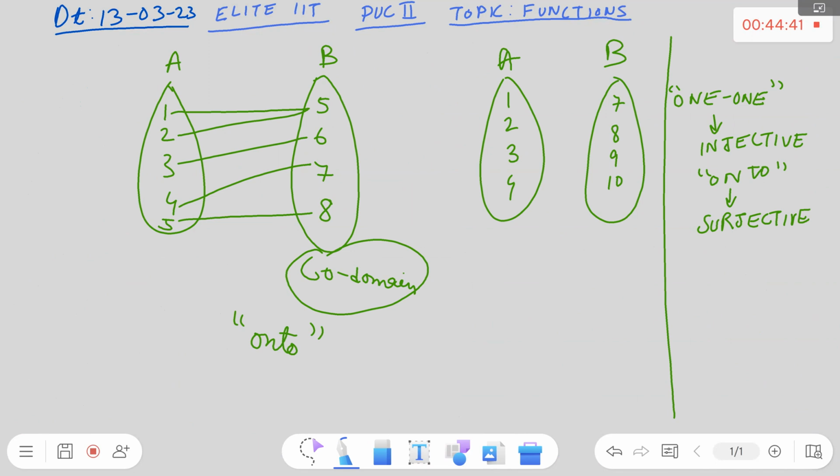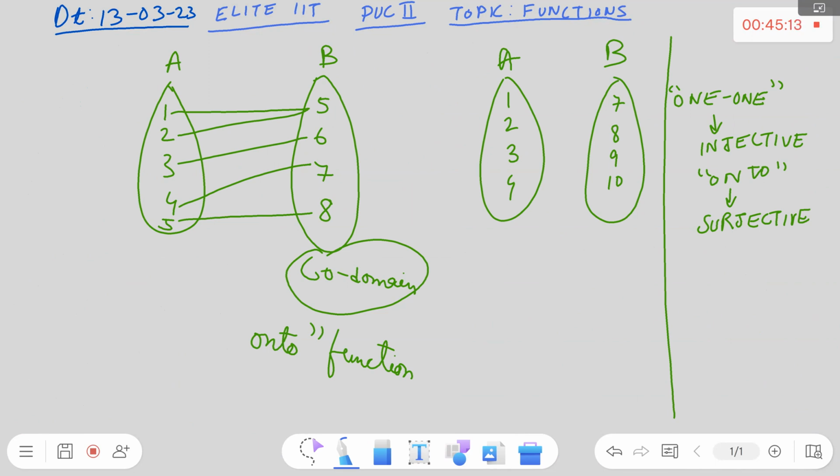Now, let us see this. This is onto, isn't it? But what is the complete name of this function? We have to include many one and one one also. Then we will get the complete name. The complete name of a function comprises two categories. First category, many one or one one. Second category, into or onto.